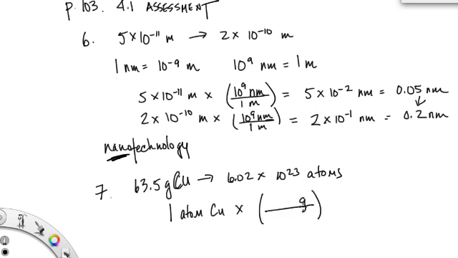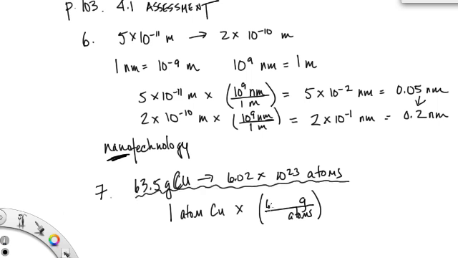So we need a conversion factor in order to do that. We need grams here in the numerator, and since we want atoms to cancel out, atoms goes here in the denominator. Well, what can we possibly use here? We can use our given information, which is right here.